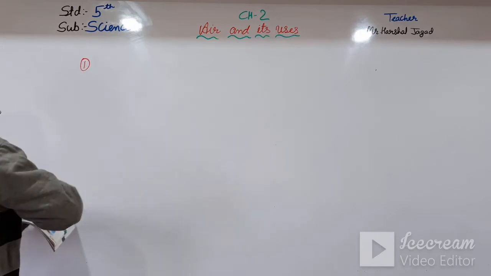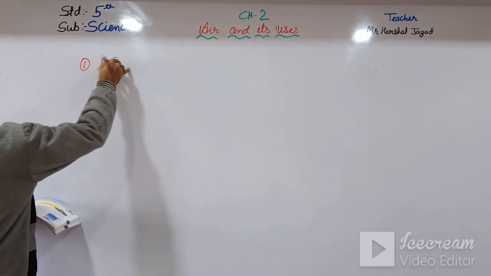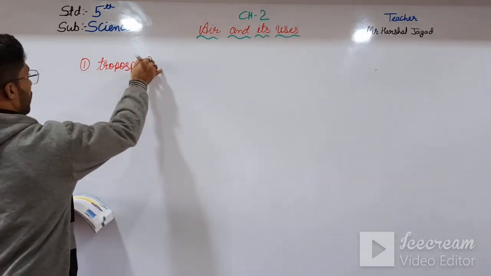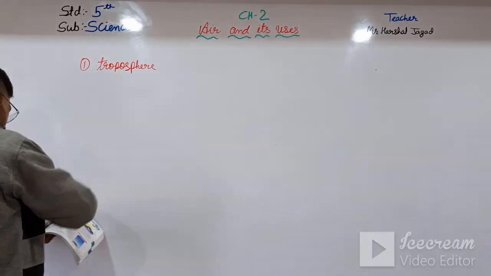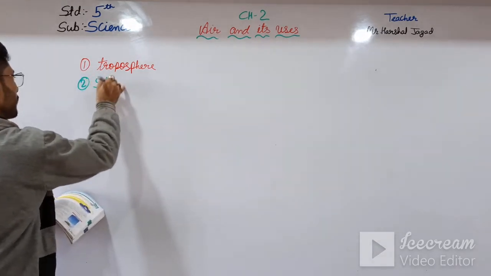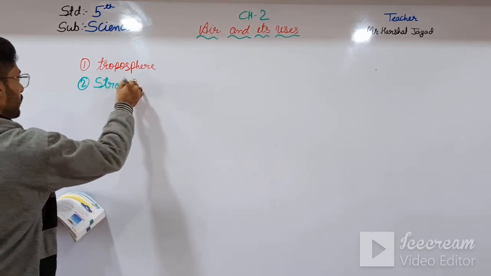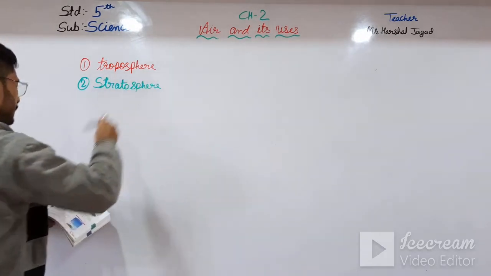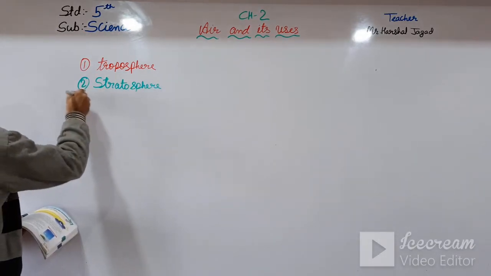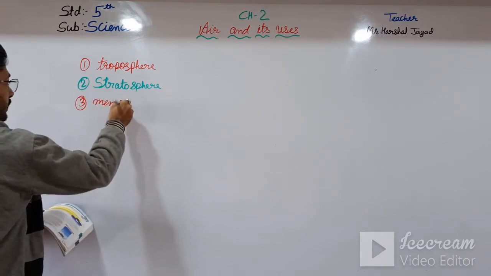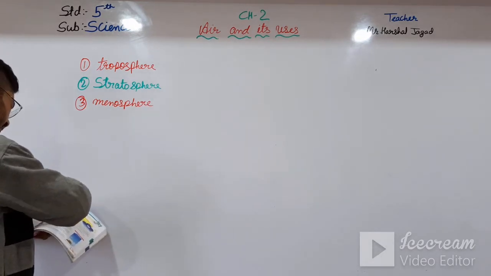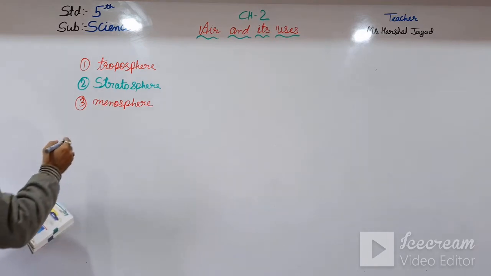Writing that down, 5. First of all, troposphere. Another one is stratosphere. Third one was mesosphere, not manosphere. Fourth one, ionosphere.